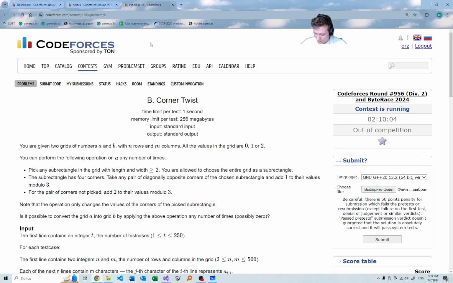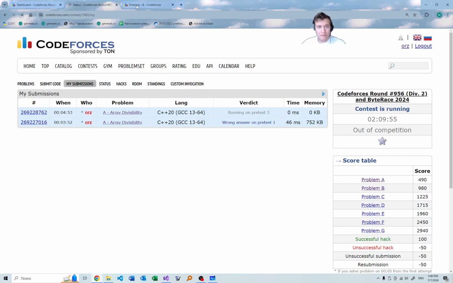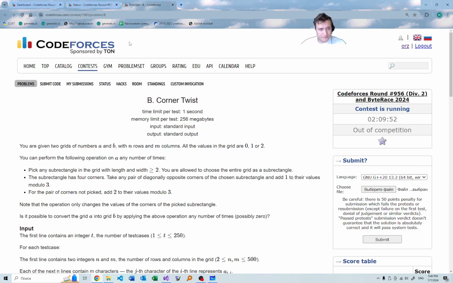Okay, problem B, I think. Okay, basically this operation does not change the sum modulo 3 in any row and in any column.